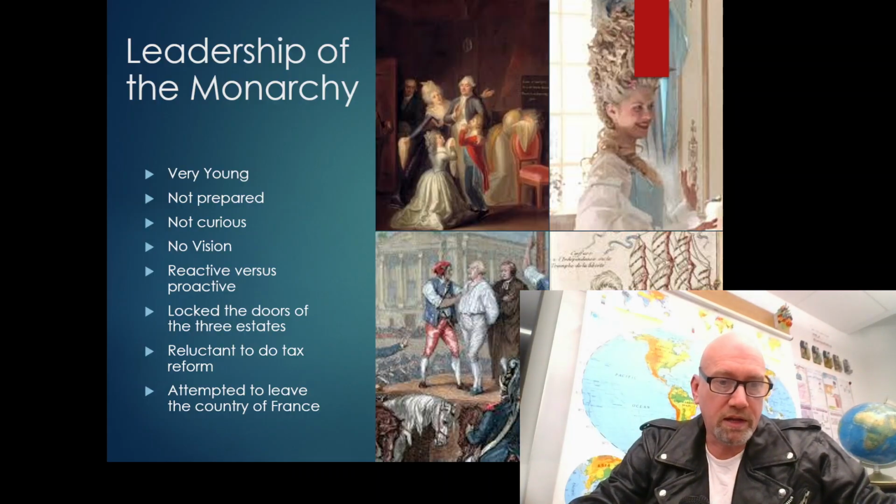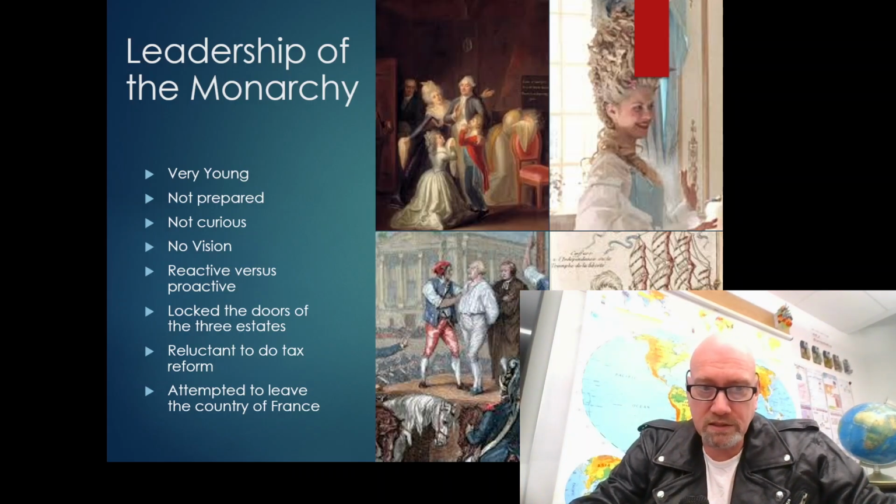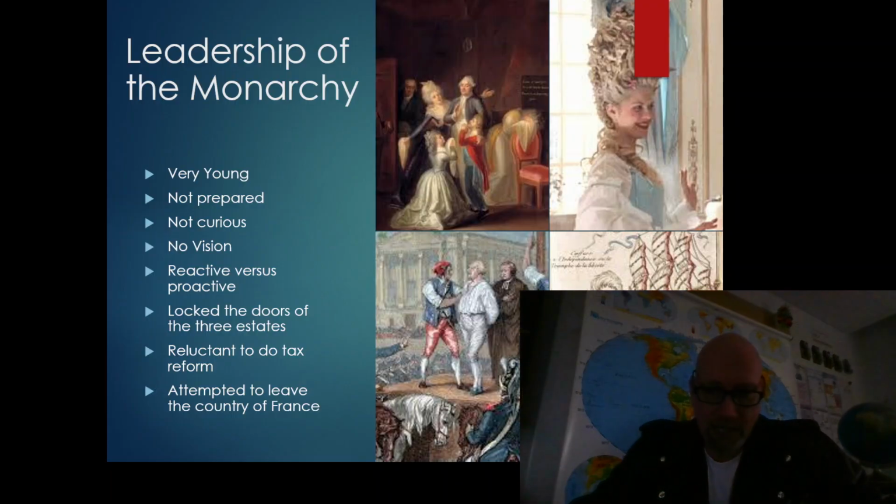The leadership of the monarchy, they became king and queen very young. They were not prepared, not well educated for their roles, at least not enough considering the problems they had. They were not very curious to take on more learning for themselves. They didn't have a vision of possible realities that they could bring in, for example, radical tax reform.